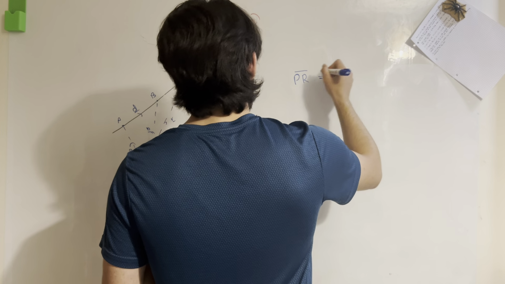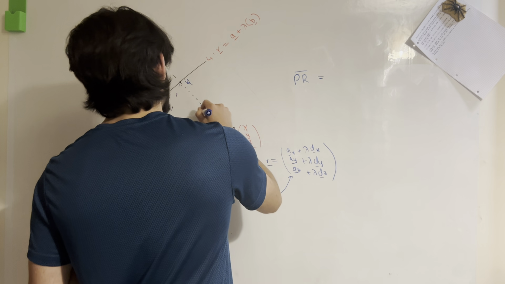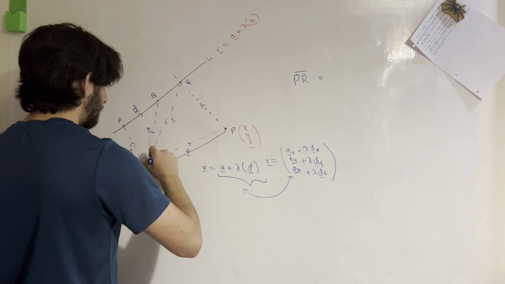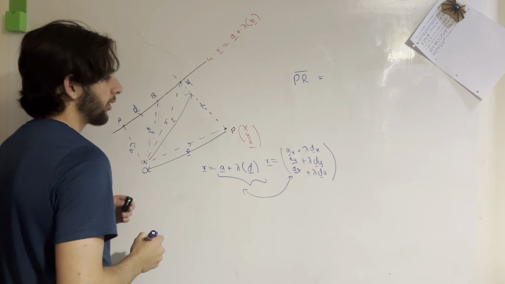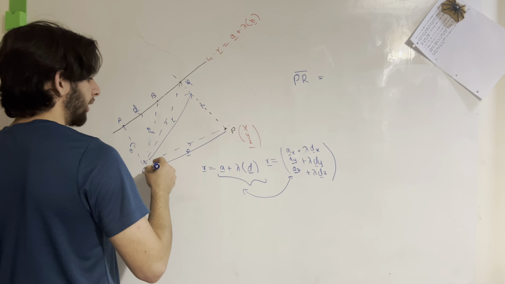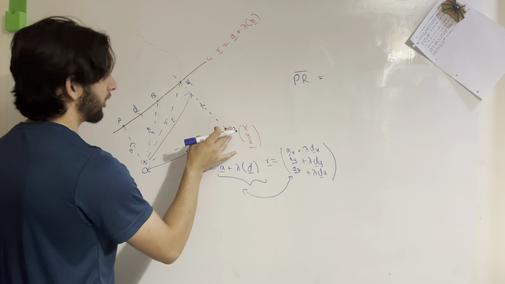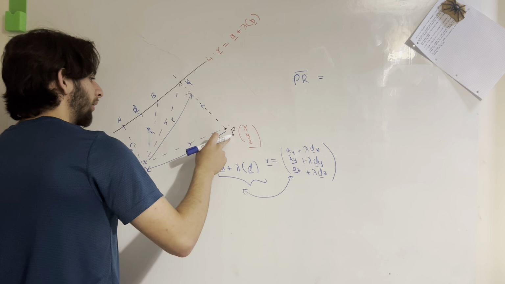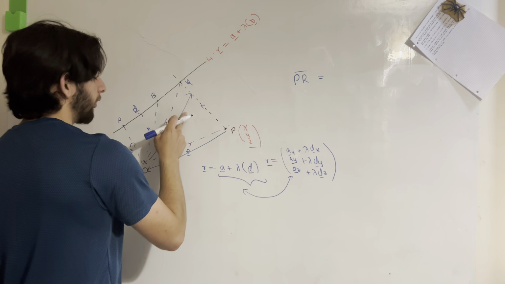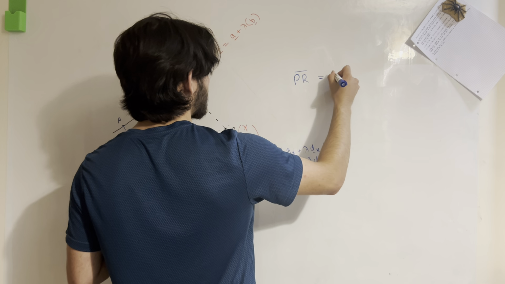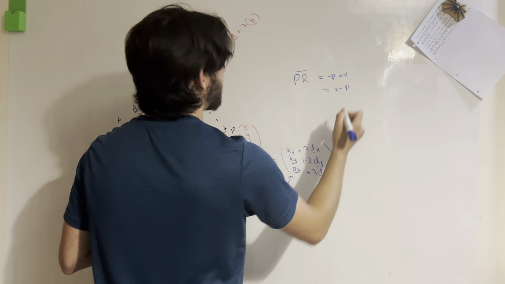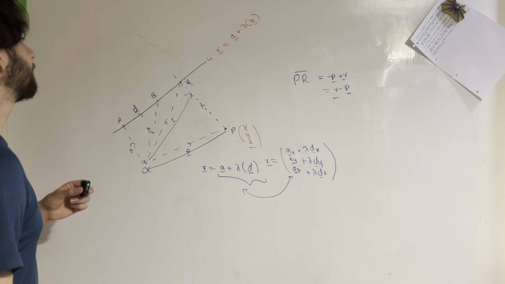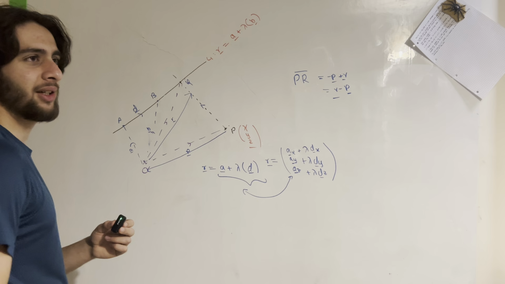So, PR is this vector right here, but crucially it's also this, which means that another way to think about the walk from P to R is going against the flow of P and with the flow of R, so minus P plus R, which is R minus P. And the nice thing about this is that, well, again, it's a very general rule.